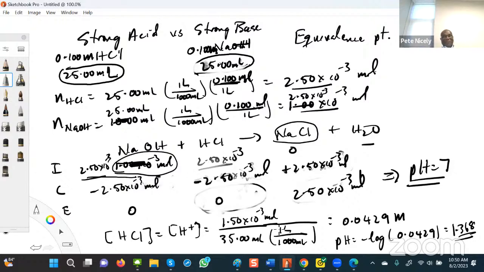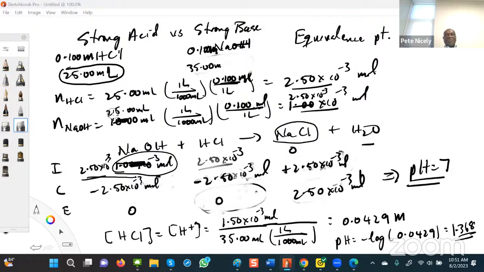All right, so now what if the amount of base is higher than 25? Let me change this here to a number that is higher than 25. Let's say the amount of base added is 35.0 mils. Then obviously you're going to change something here.